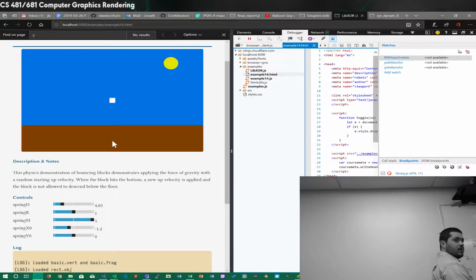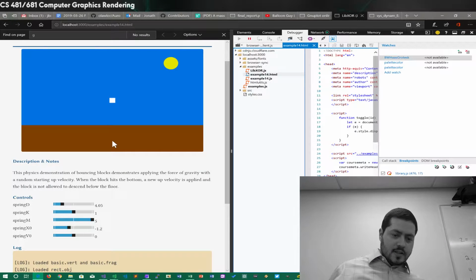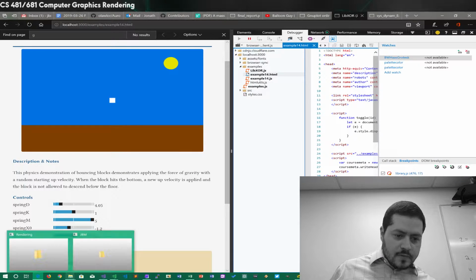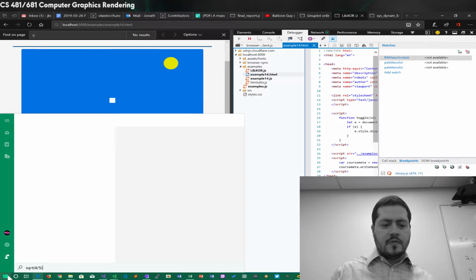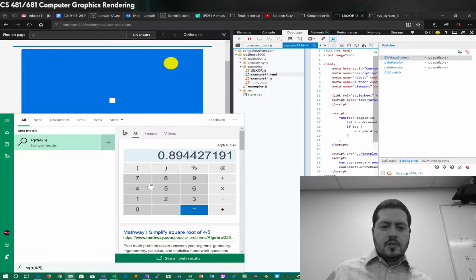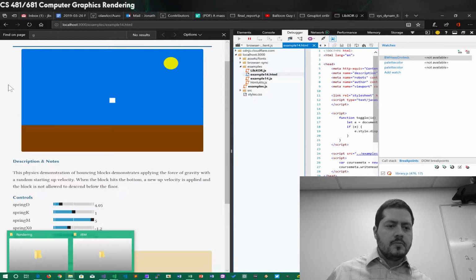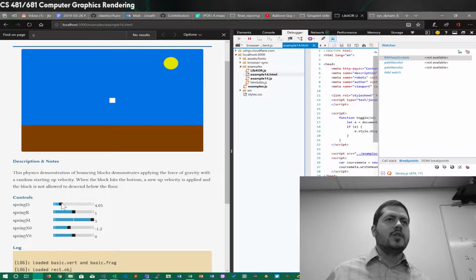Shouldn't it still be D squared? Oh, yeah, D squared. Okay, well, that would make sense. So in other words, square root of 4 over 5, almost 1. So I was thinking in my head the D's really should be between 0 and 1, 1.5.